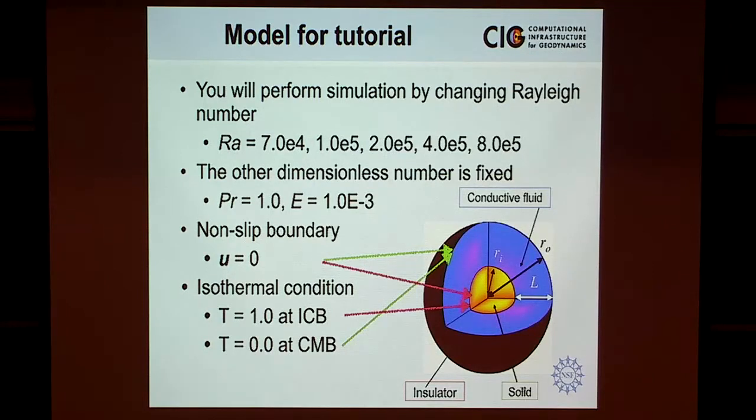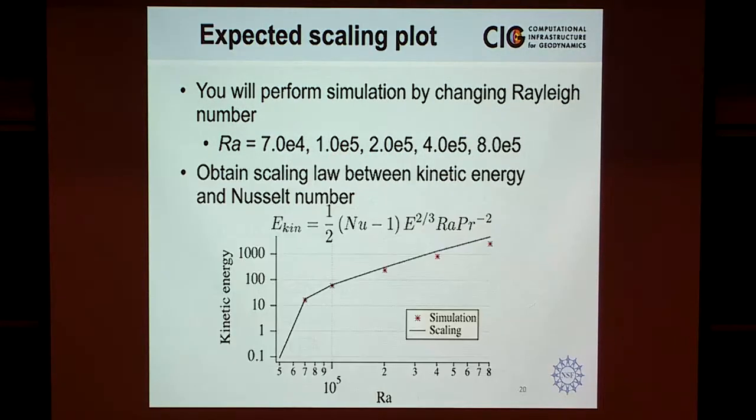Probably that's a default parameter with 10 to the 4. Okay, so now you run a simulation with 10 to the 5. Is that what we just did? Actually, that's a default parameter in this example. So you need to change it.